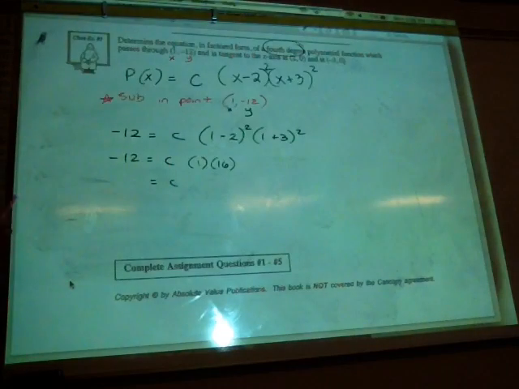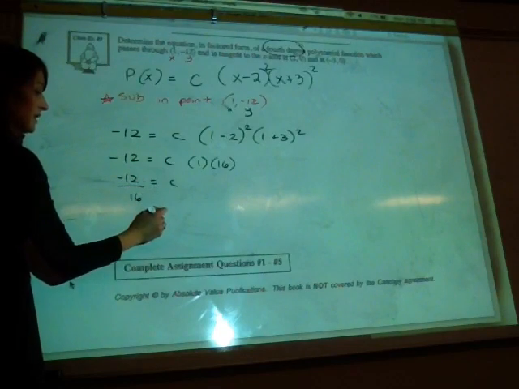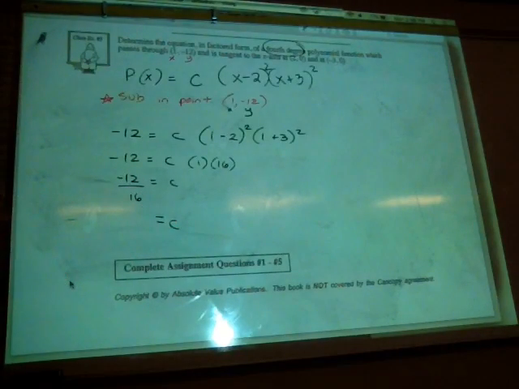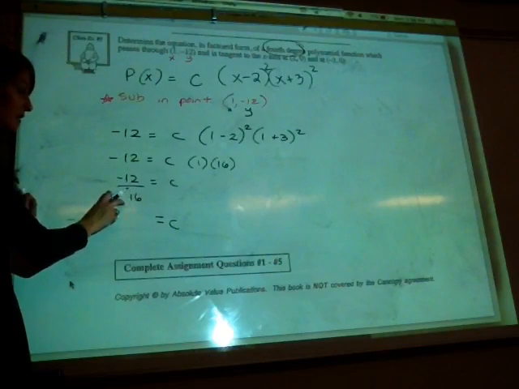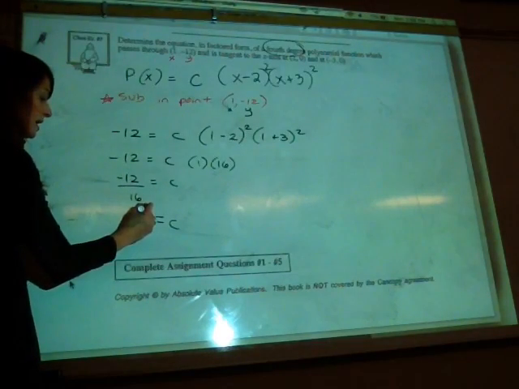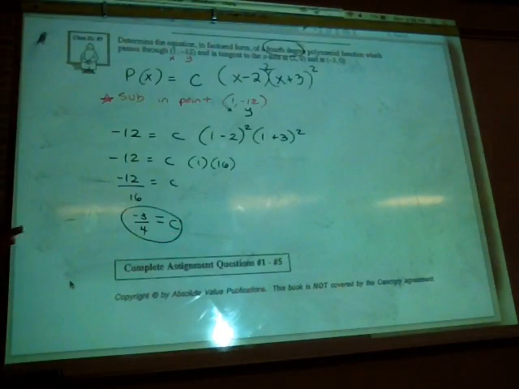So divide the right-hand side and the left-hand side by 16. We get negative 12 over 16. And you always want to reduce, make sure you do that. So divide both the numerator and denominator by 4. We get negative 3 over 4. That's our leading coefficient. And then we just plug that in.